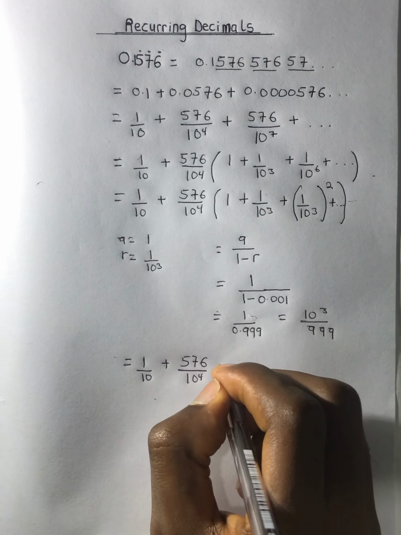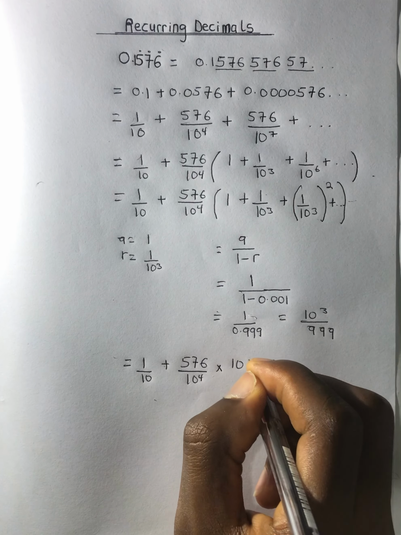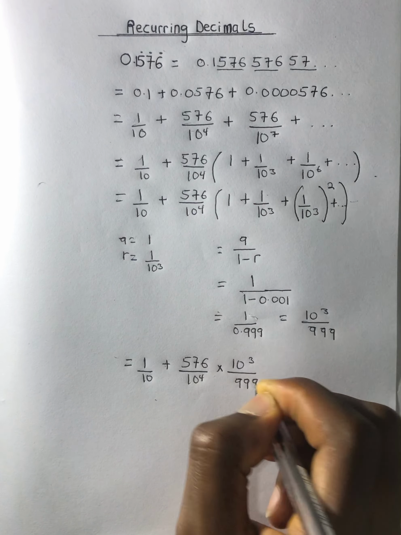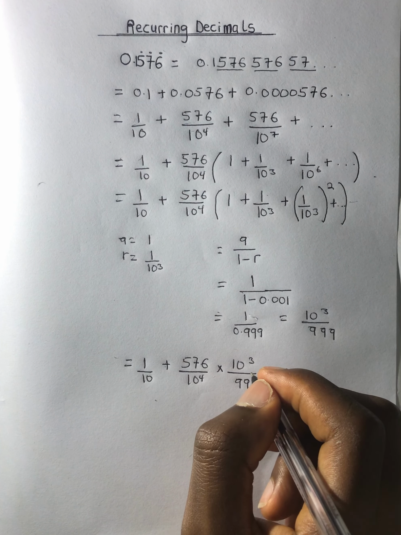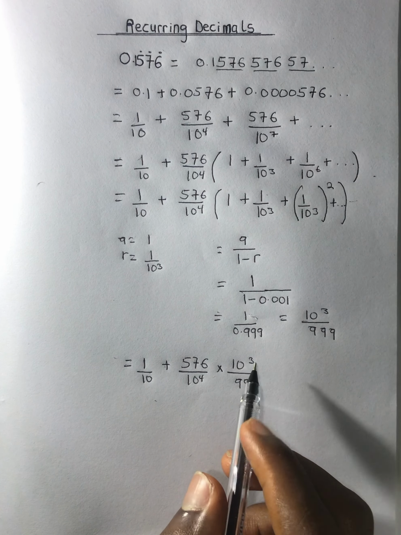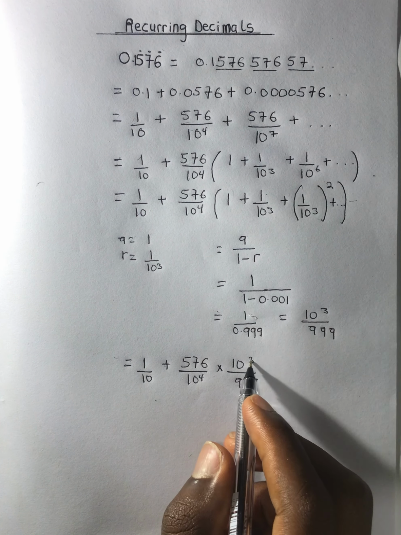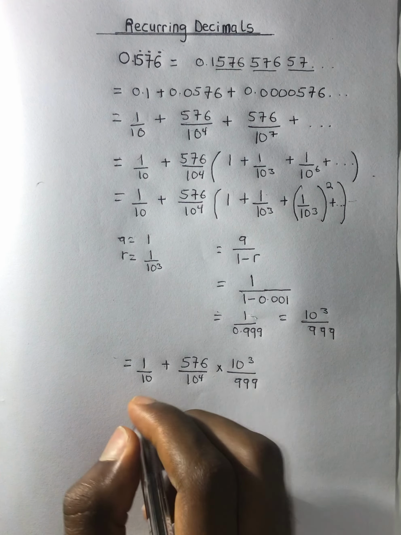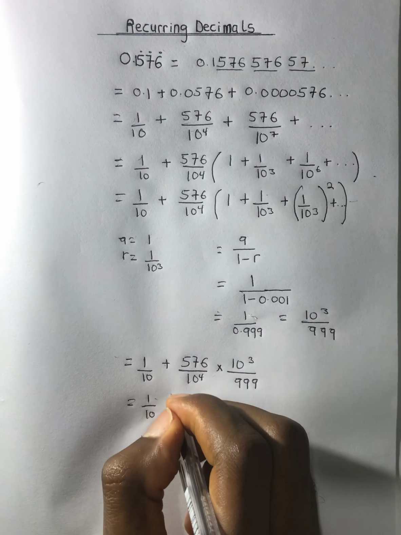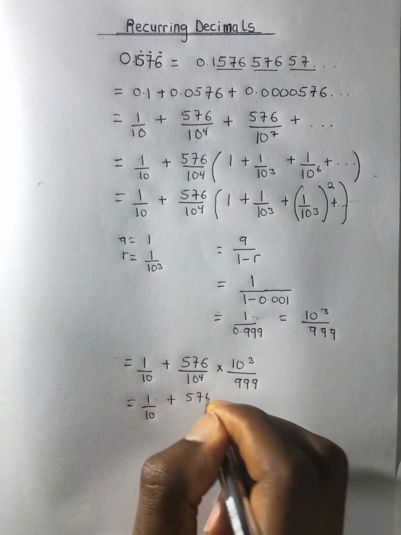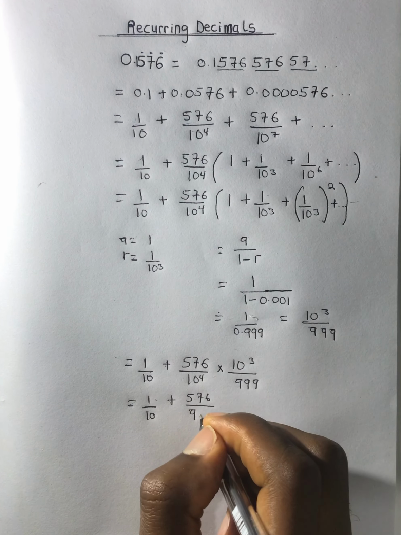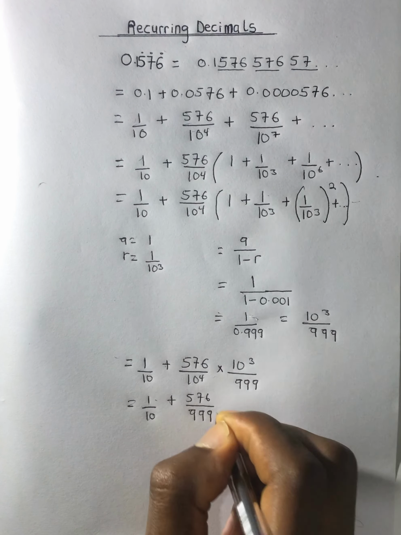So this is multiplying 10 to the power of 3 on the denominator, 999. The 3 here is subtracted from the 4, of course, and we get 1 over 10 plus 576 on 9,990.